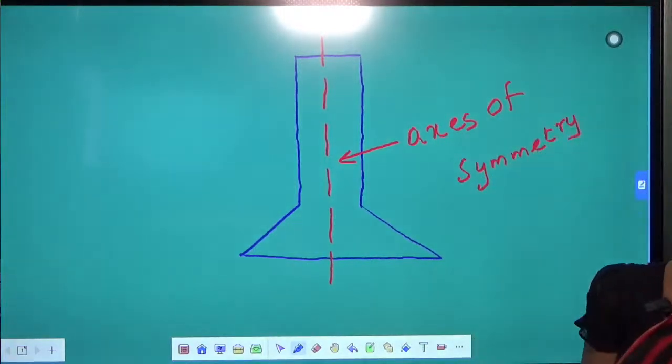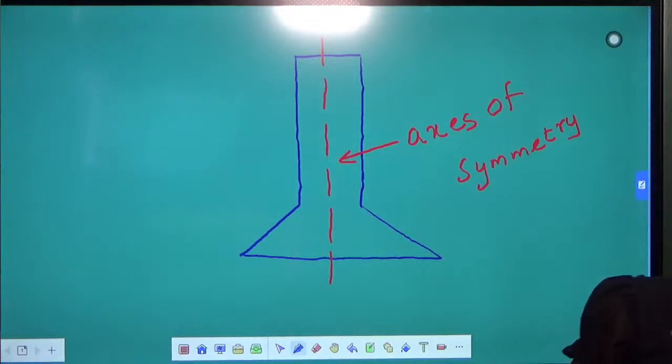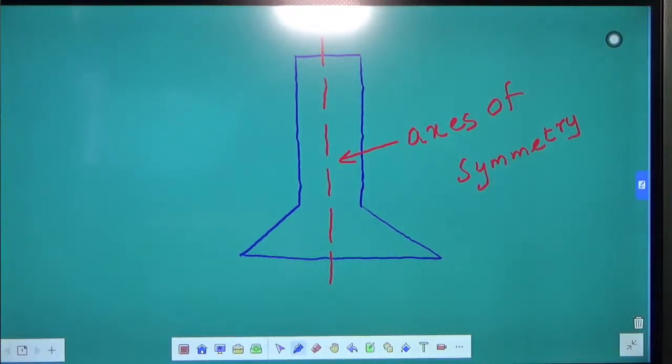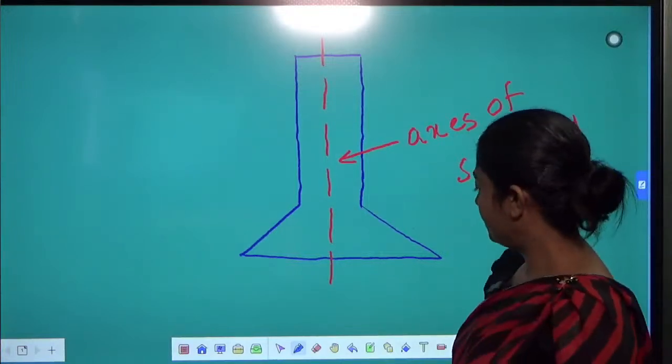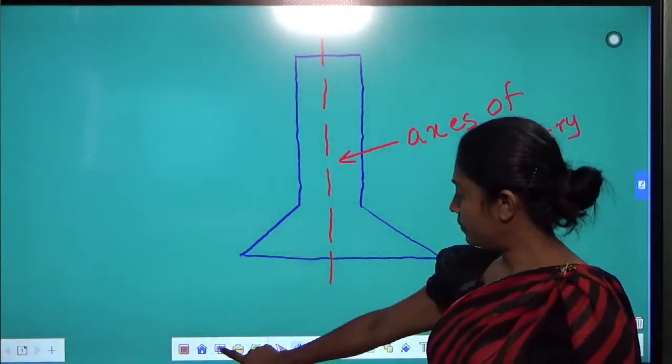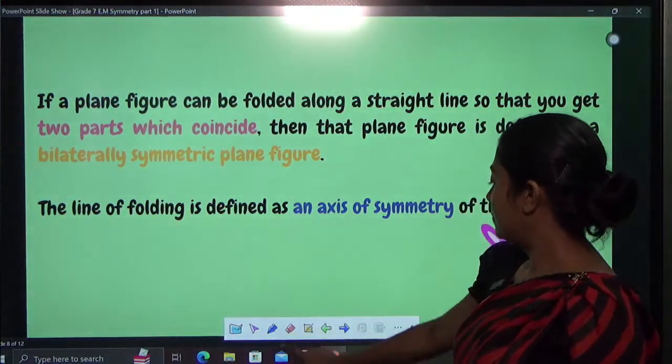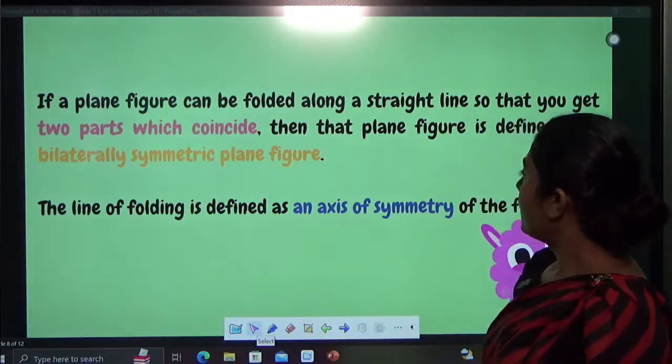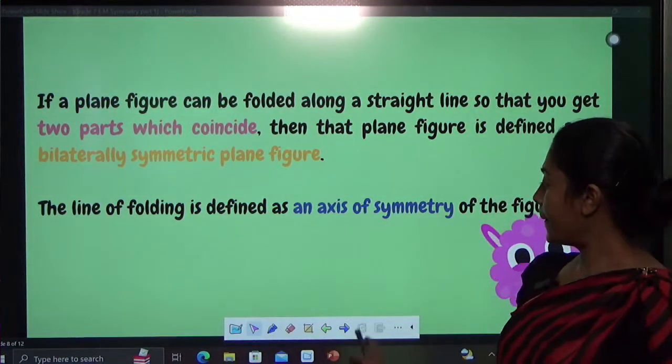Put an arrow and mark that one as axis of symmetry. Right? Right, next part.